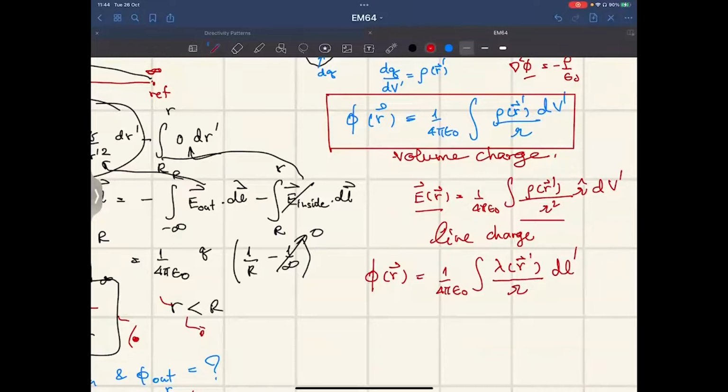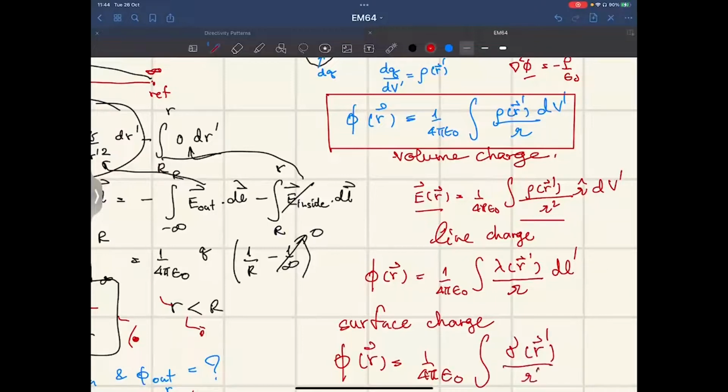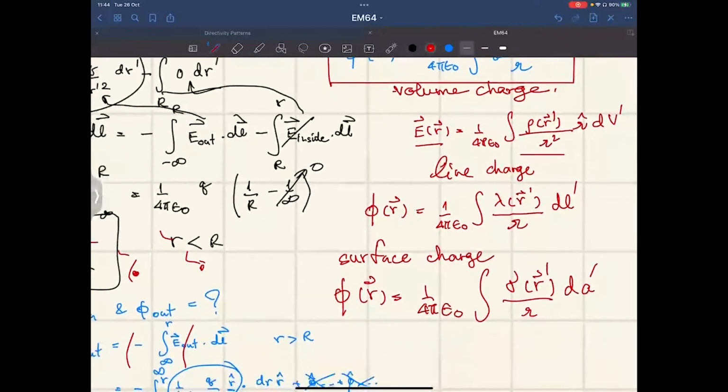Okay, for the surface charge. Okay, this is for the surface charge. So we have everything for line charge, surface charge, volume charge. We have everything.